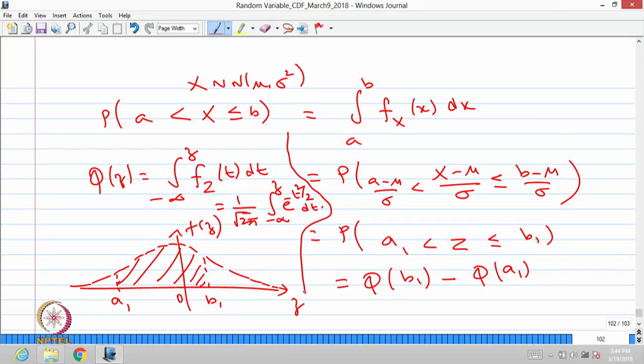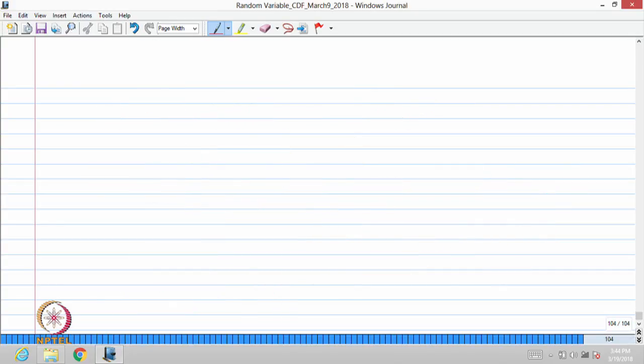Now we can go for computing the mean and variance of a normal distribution. The mean is the integral from minus infinity to infinity of x times the probability density function. You can simplify by substituting the f of x value, and one can get the value mu.